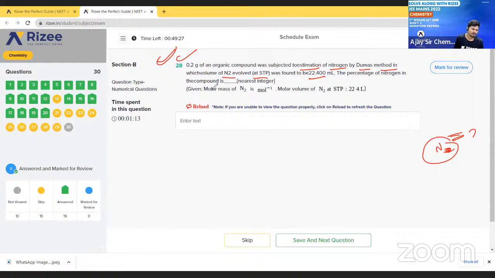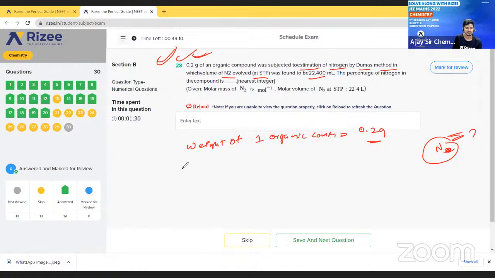So let us write what is given in the question. First, they have given the weight of the organic compound, 0.2 grams.